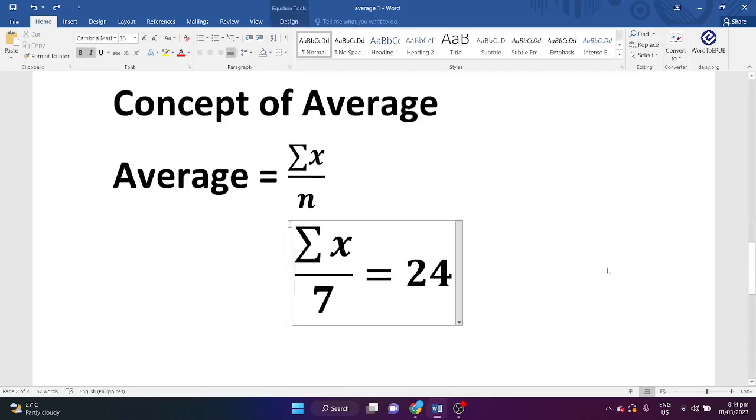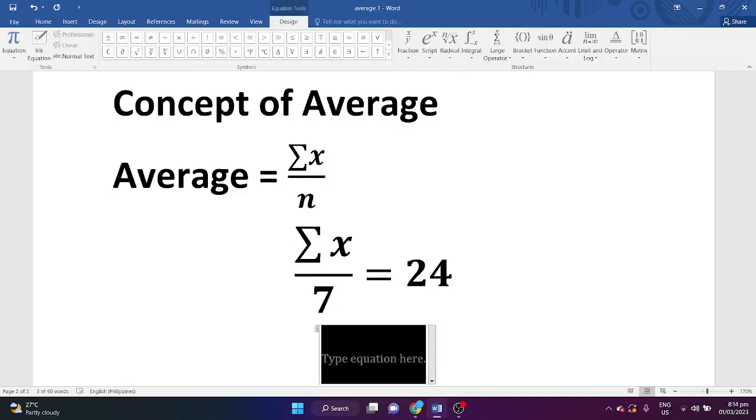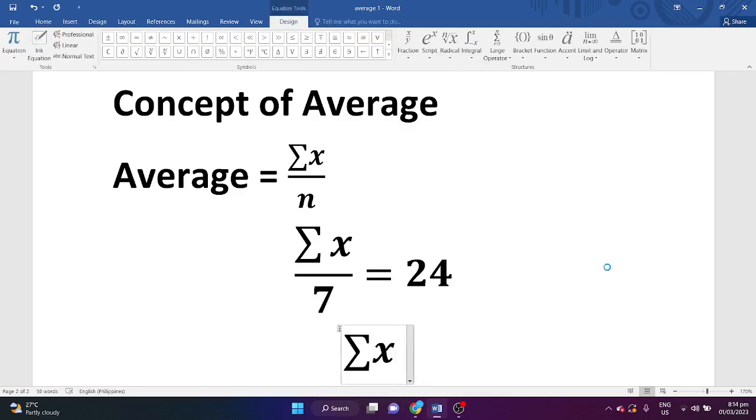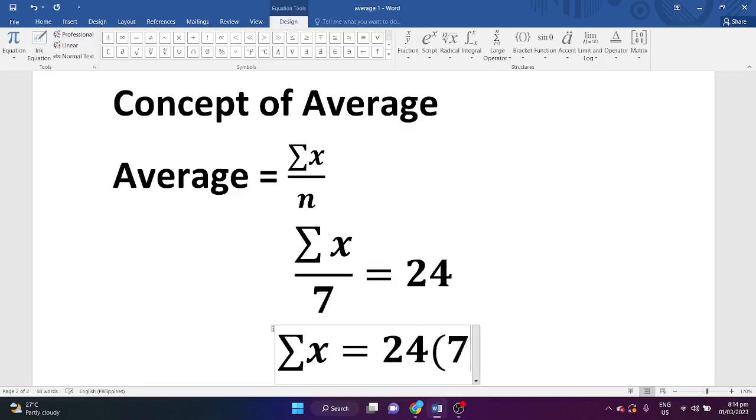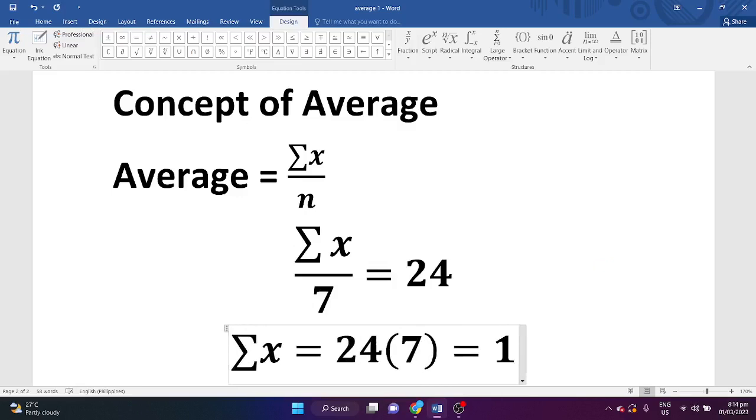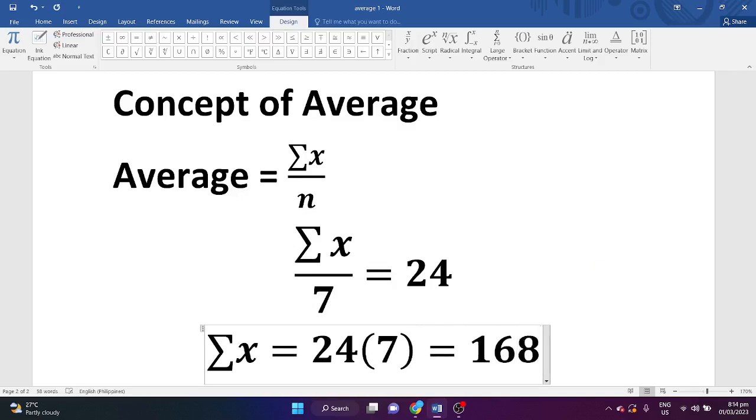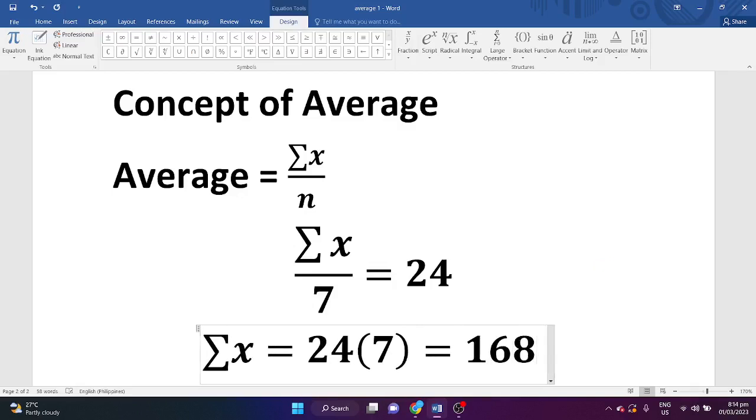So let me solve for the summation of x. That should be summation of x is equal to 24 times 7, and 24 times 7 is 168.